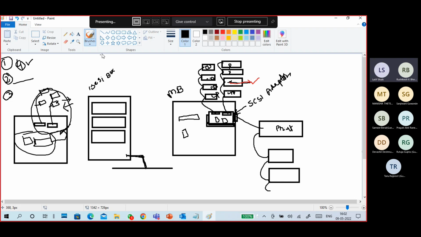It contains a motherboard, and there is a built-in operating system.